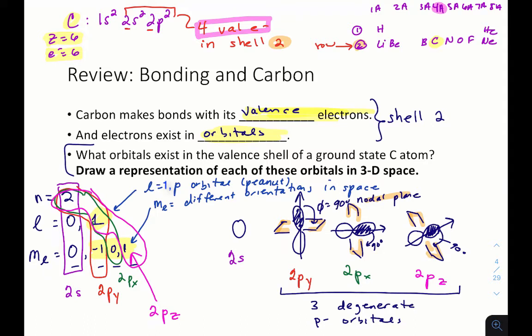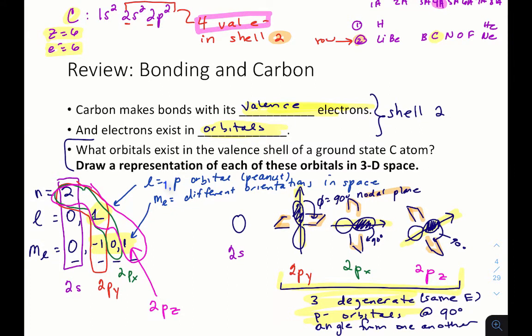That orbital can be oriented on the y-axis, the x-axis, or the z-axis, depending on the value of the magnetic quantum number. But all 3 of these p orbitals have the same energy. That's what's meant by degenerate. These 3 orbitals have the same energy, and they're oriented at a 90-degree angle from one another.